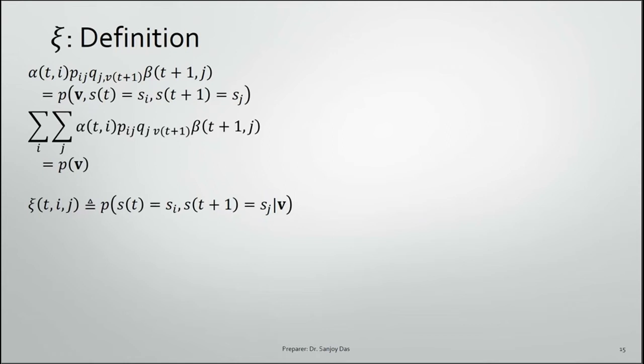So this is, by definition, this product alpha t(i), Pij, Qj(Vt+1), beta t+1(j), I denote as Zeta t(i,j).